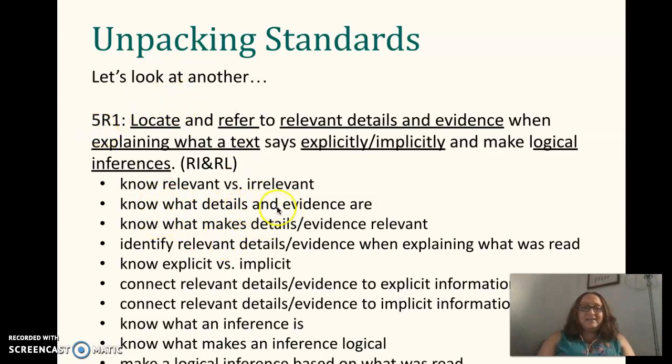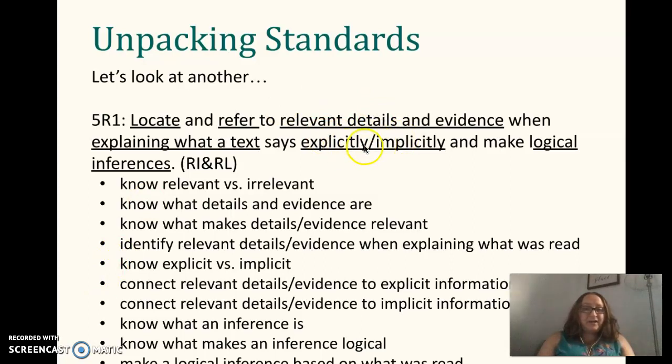You might not plan an entire lesson about this, but if you have students who are reading below grade level, you might have to do a lesson about this. That's why we unpack the standards fully. So then know what makes details or evidence relevant. So before they can even pick it out, they have to know what relevant is and what makes something relevant, right? Then they can identify relevant details and evidence when explaining what they've read.